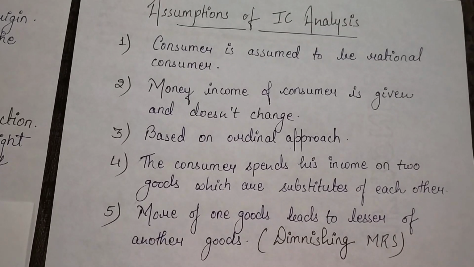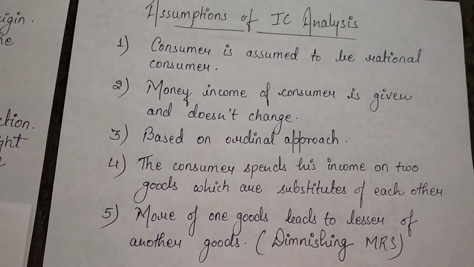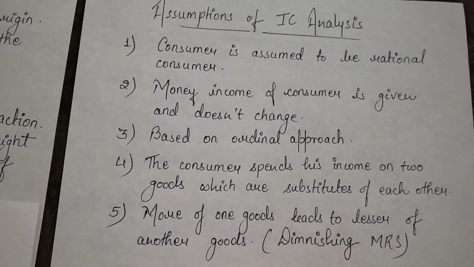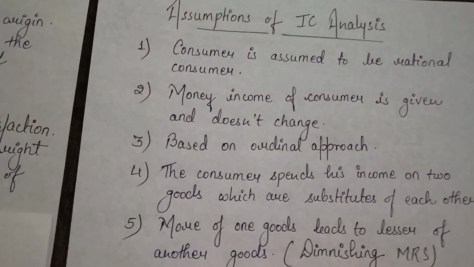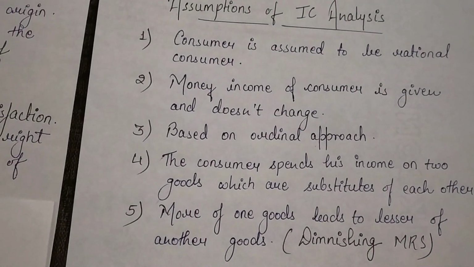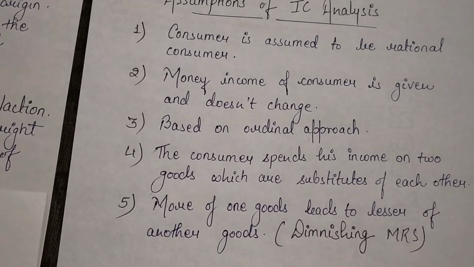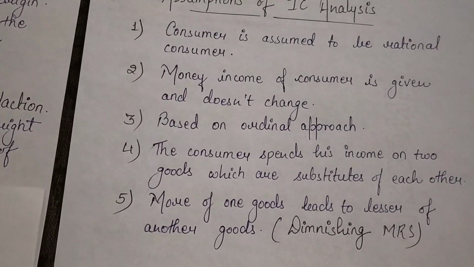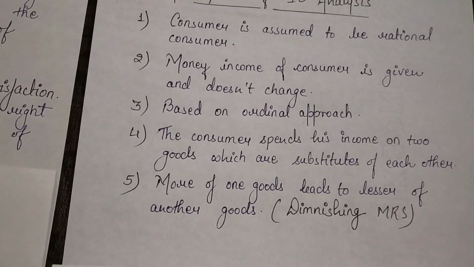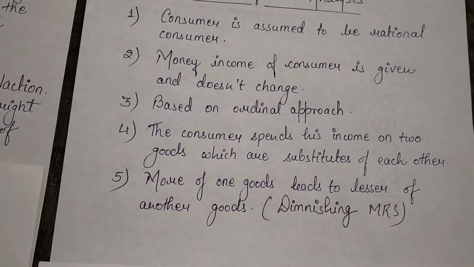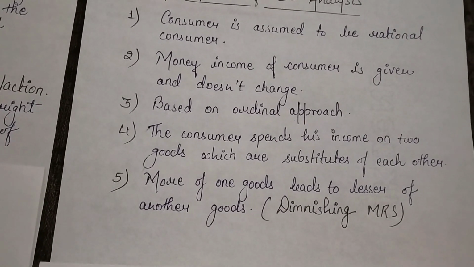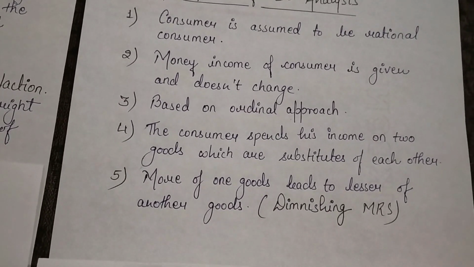Second, the money income of the consumer is given and does not change. Money will be constant. Third, it is based on the ordinal approach given by Hicks. Here satisfaction can be termed as high or low. It can't be measured in terms of numbers. And fourth, the consumer spends income on two goods which are substitutes of each other.